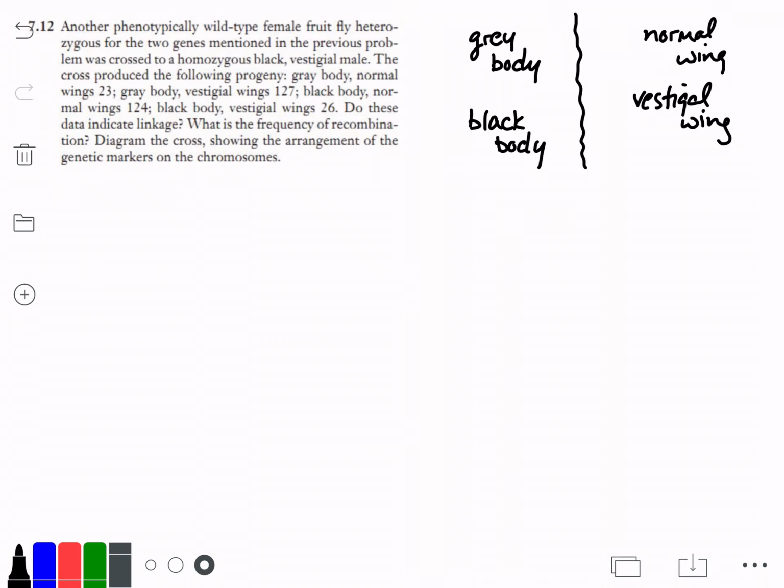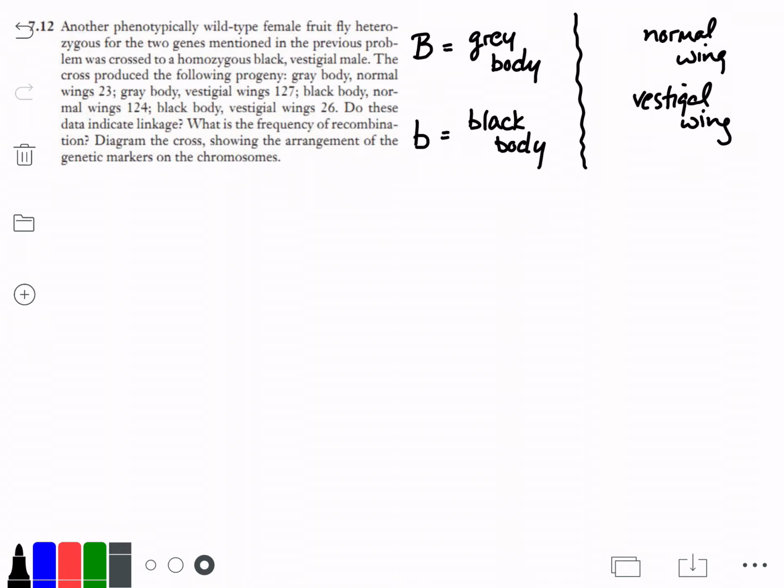The problem in the chapter suggests certain symbols that you could use here, and I'm going to suggest that we use whatever symbols we like. So in keeping with the Mendelian tradition, we can use a lowercase b for black body, and then the capital to indicate the wild type, the dominant allele in this case. So we'll use B for the body type.